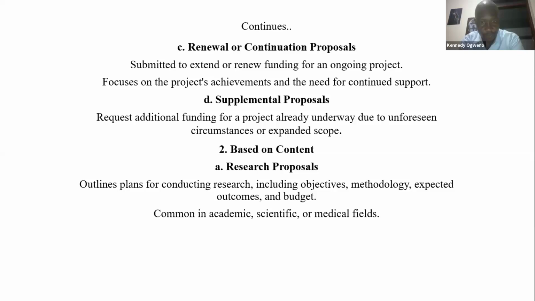Minimum 5 objectives. Now, this research proposal must have a methodology. It's very important, a methodology. How are you going to carry out this type of research, and the expected outcomes and the budget? Now, just to talk about methodology, we have the methodology and the research methods. The methodology is the outline that you are going to follow to conduct this type of research.